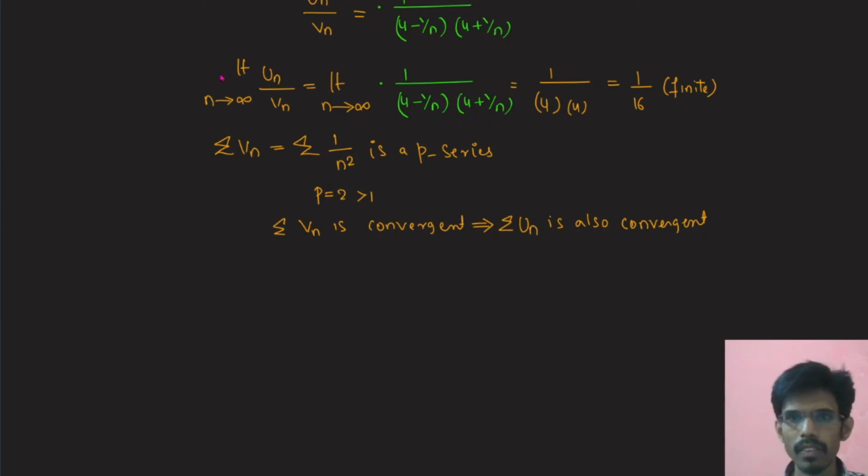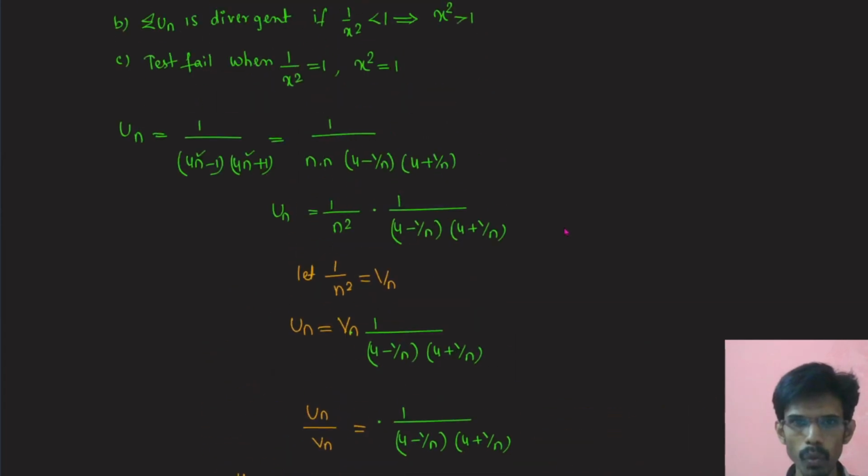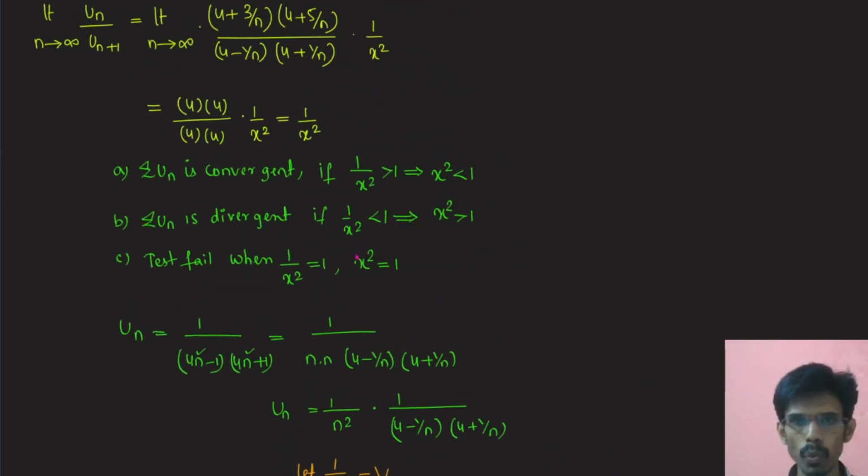Now the given series sigma un is convergent for x equal to 1, that is for x square equal to 1.